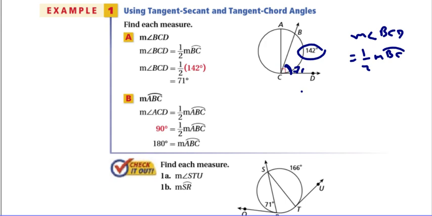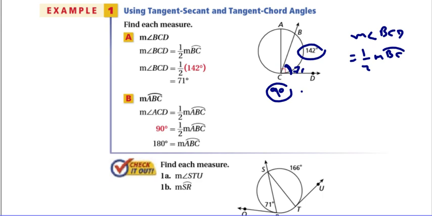This angle is 90, and it is half the measure of arc ABC. So arc ABC equals 90 multiplied by 2, which equals 180, because this angle is half the measure of the arc. This angle is 90, so the arc is double, it will be 180.